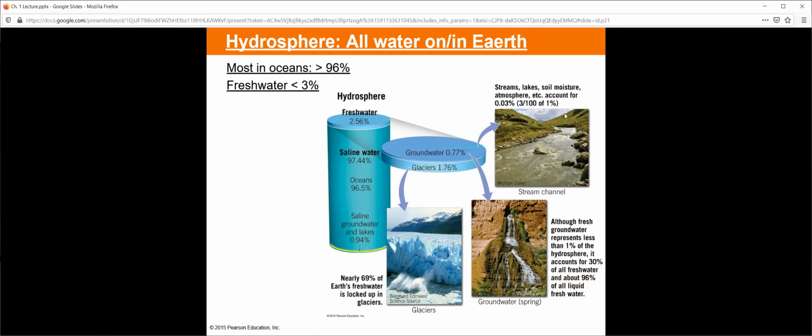Tiny amount of water. And again, if you're a GCC student, you're used to the Great Lakes. They seem gigantic, right? They are nothing in comparison to the oceans or even the glaciers. Heck, even the groundwater. It's pretty mind-boggling when you think about the scope of the hydrosphere.